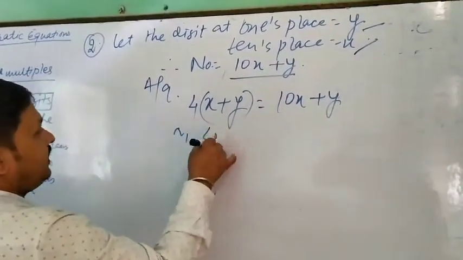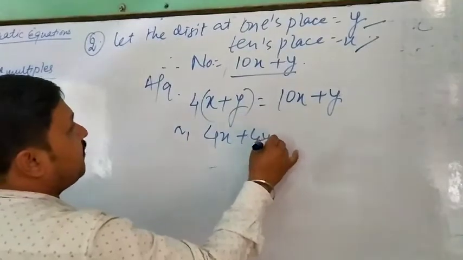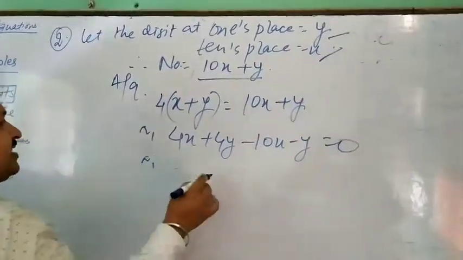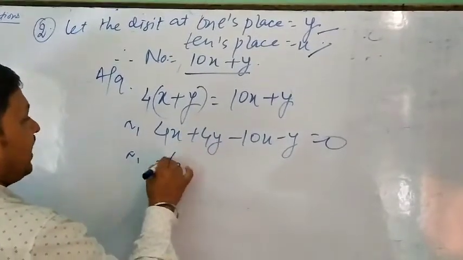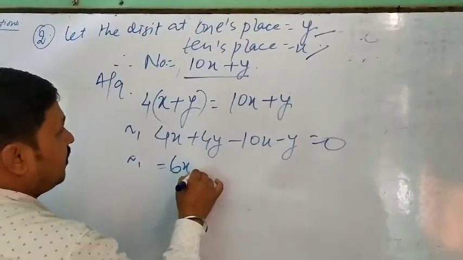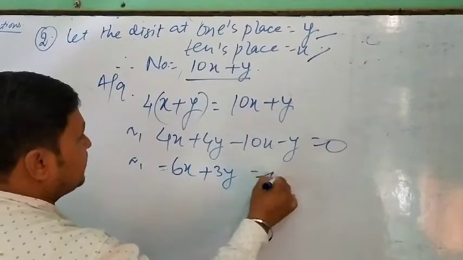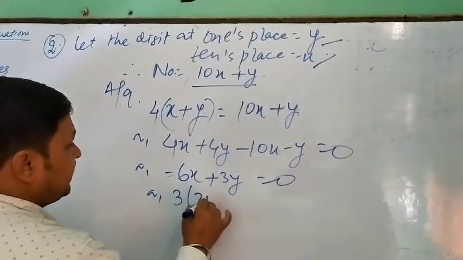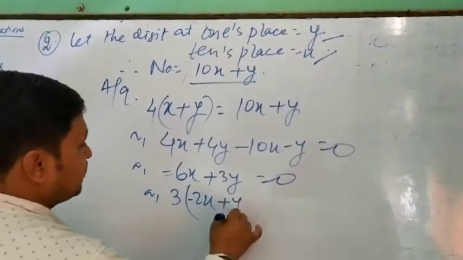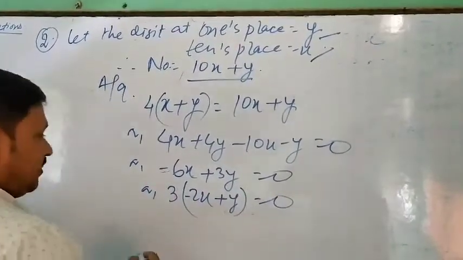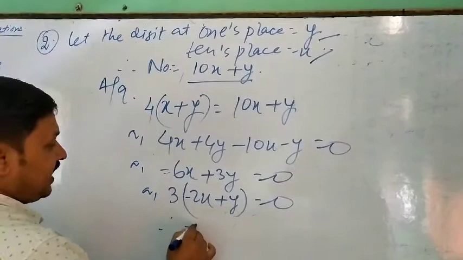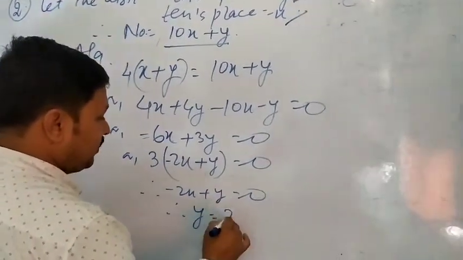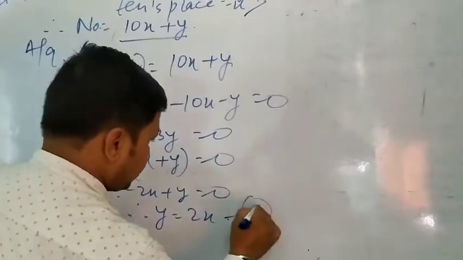So 4x plus 4y minus 10x minus y equals 0, that means minus 6x plus 3y equals 0. Taking 3 common, minus 2x plus y equals 0. So y equals 2x. This is your first equation.